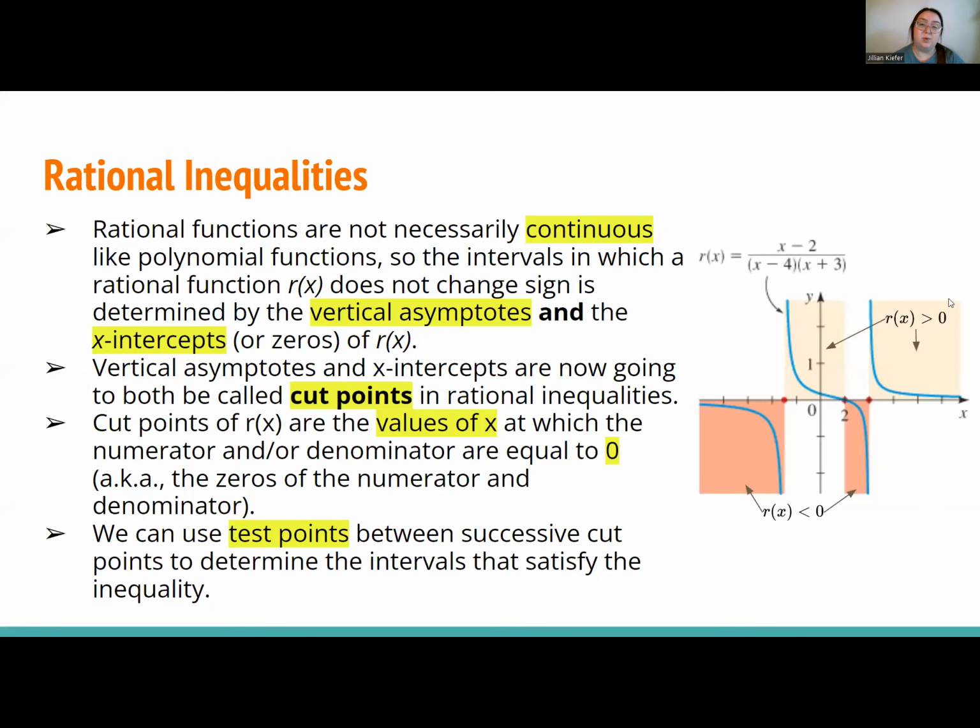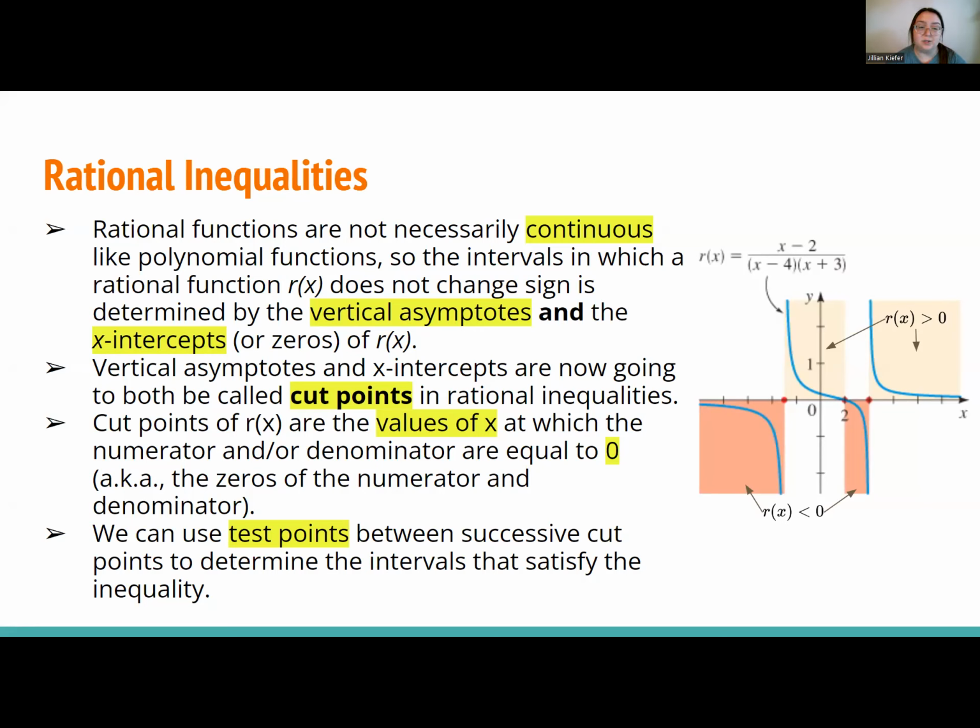Moving on, now we have rational inequalities. So we're still doing the inequalities, except now instead of polynomials, we're going to have rational functions. Rational functions are not quite as nice as polynomial functions. They do not necessarily remain continuous like polynomial functions.